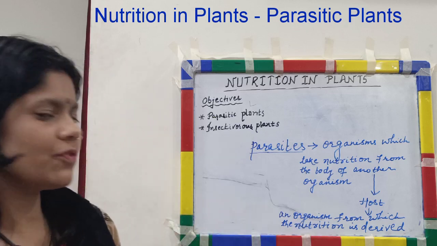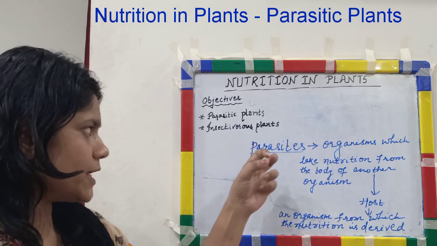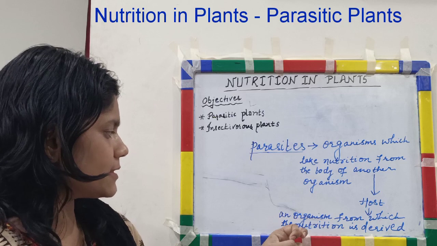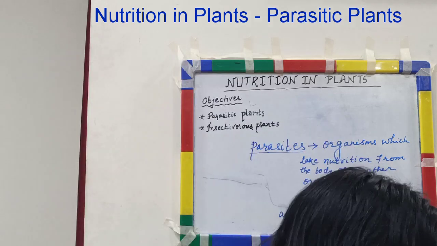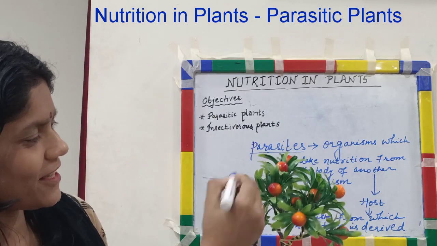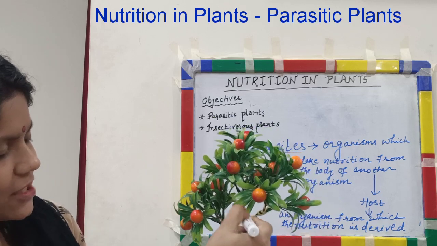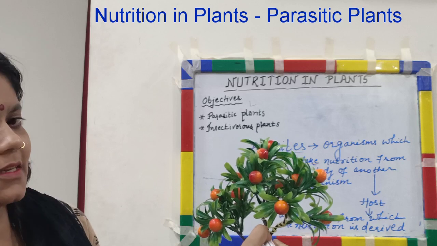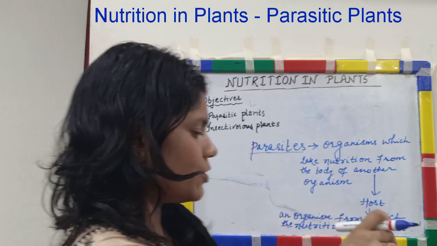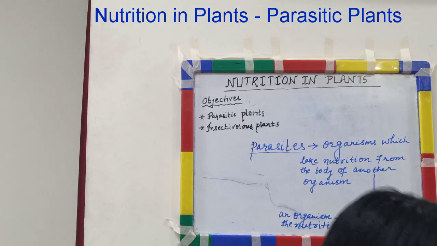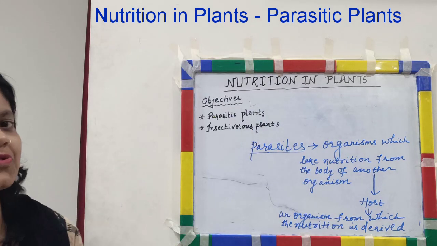So parasitism involves two organisms. One is the parasite and another is the host. If you see this tree, here this tree is the host and these twining structures, that Cuscuta plant, is the parasite. If you take an example from these days, you are the host for the parasite mosquito.